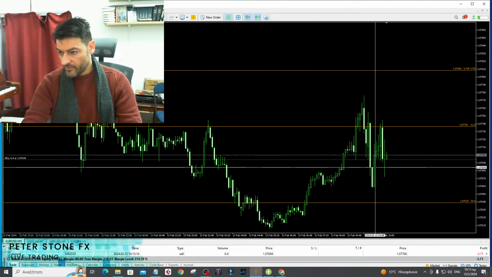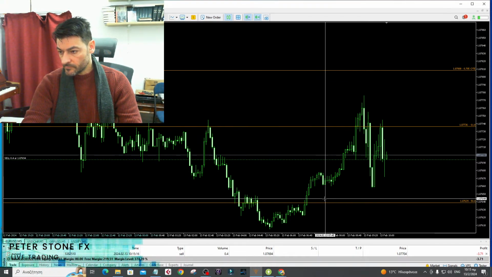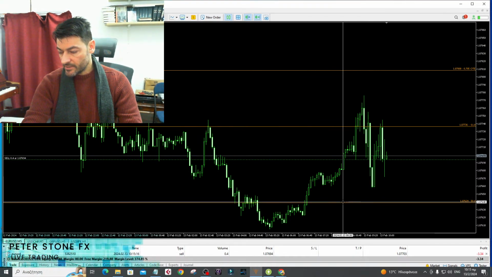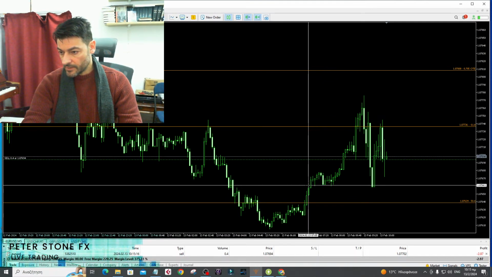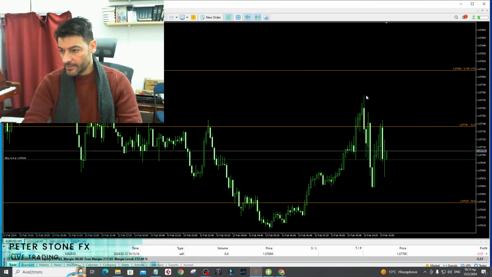Yes, you have a bull short block here, but here you have equal lows. Here for sure you have the 50% level that's anticipated to be taken again. And this is the optimal trade entry.